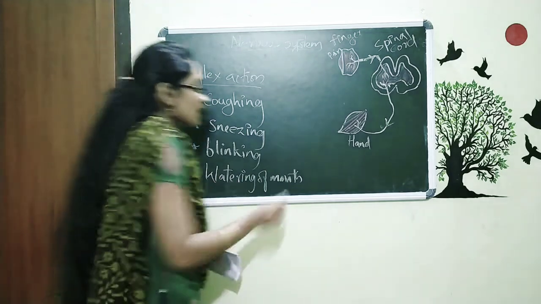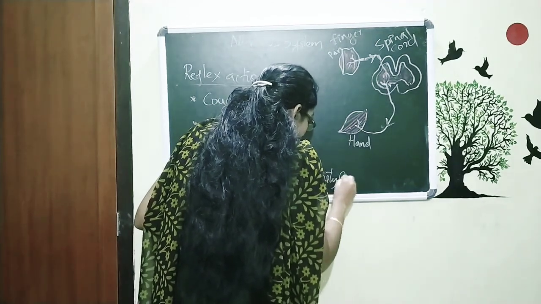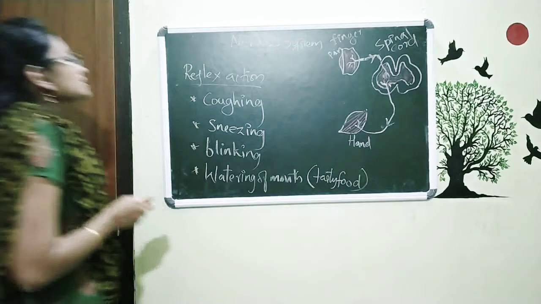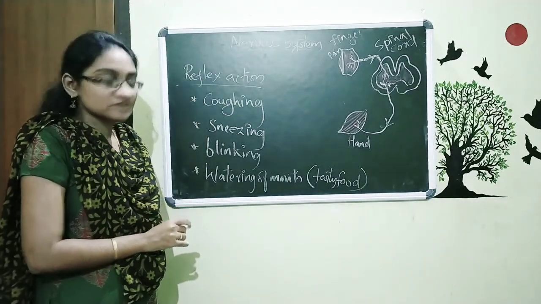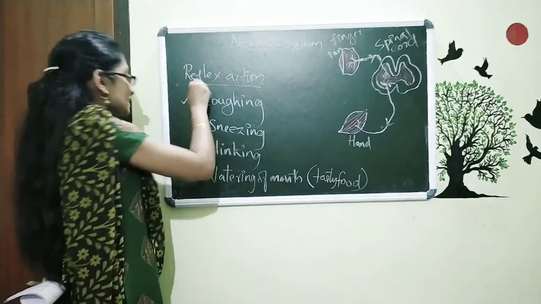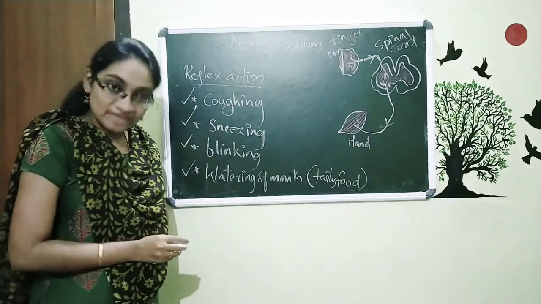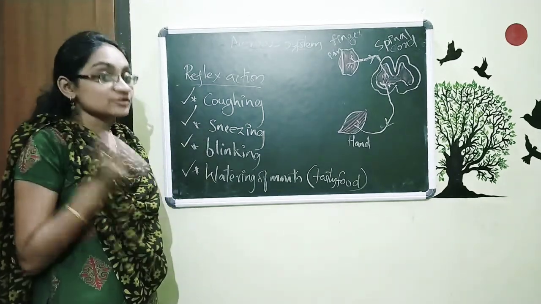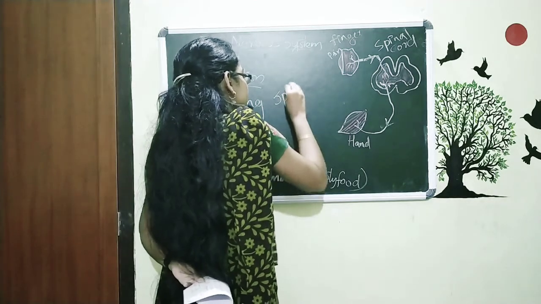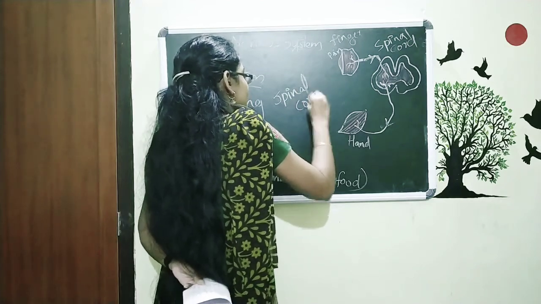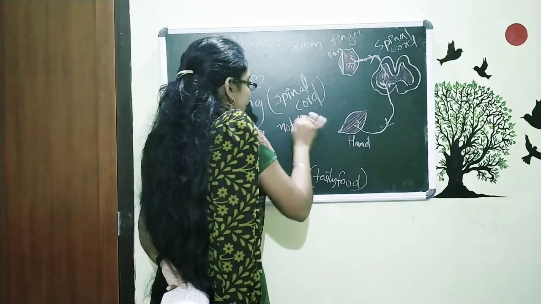So that is the watering of mouth with tasty food. These are all examples of reflex action: coughing, sneezing, blinking, watering of mouth. You want to remember these are all controlled by the spinal cord and not by the brain.